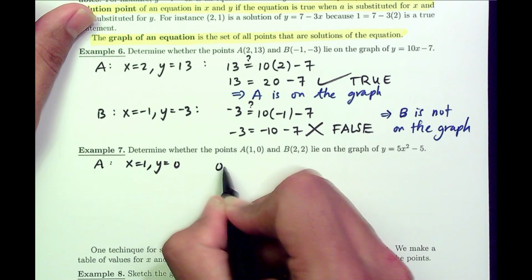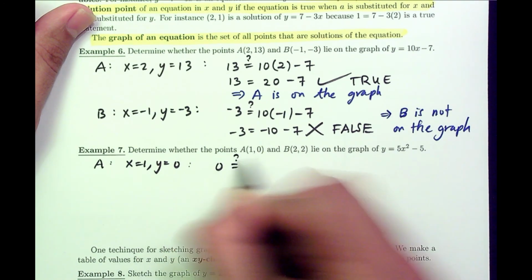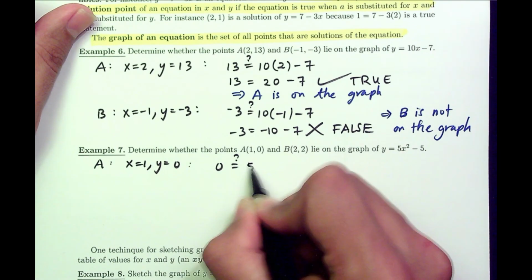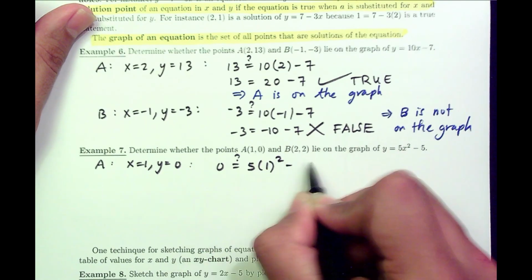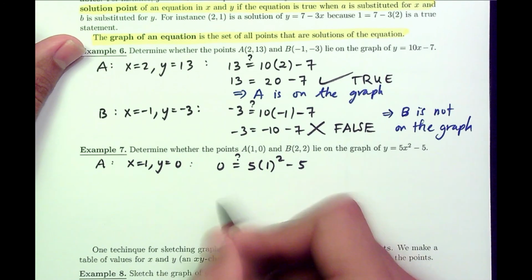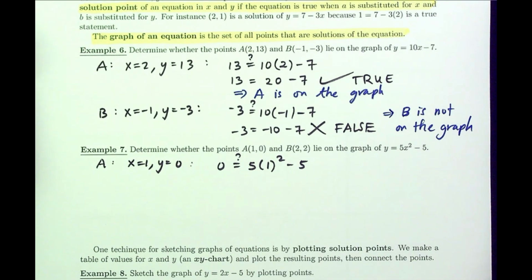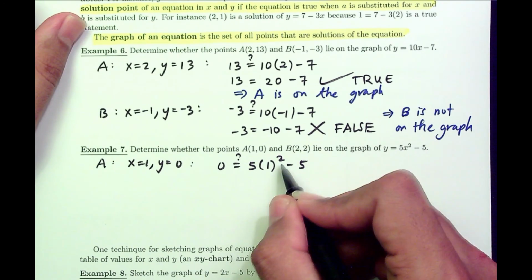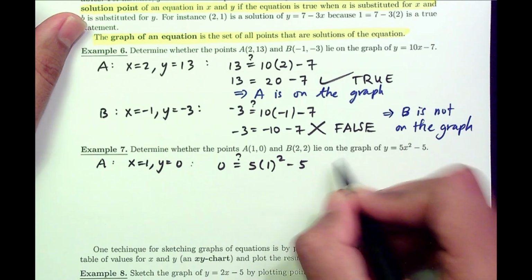So let's plug it in there. Is it true that 0, so I'm plugging it in here, y is 0, equals 5 times 1 squared minus 5? And this one is actually pretty clear. I don't have to simplify this in order to see that it is actually true, because 1 squared is 1, 5 times 1 is 5, minus 5 is 0.